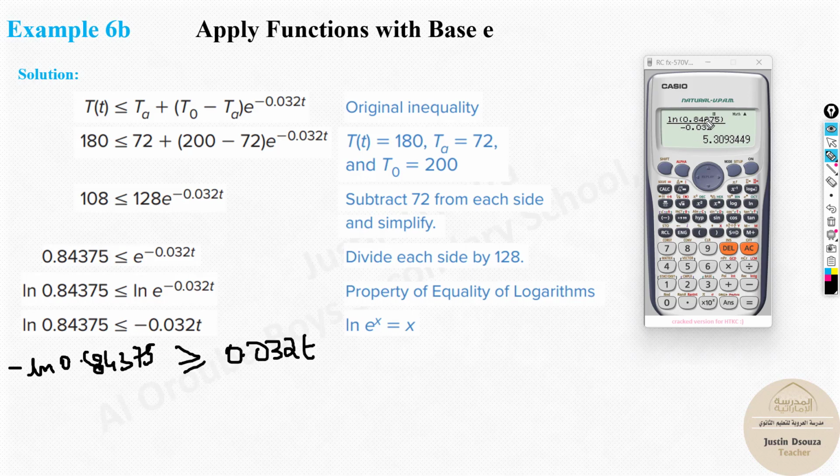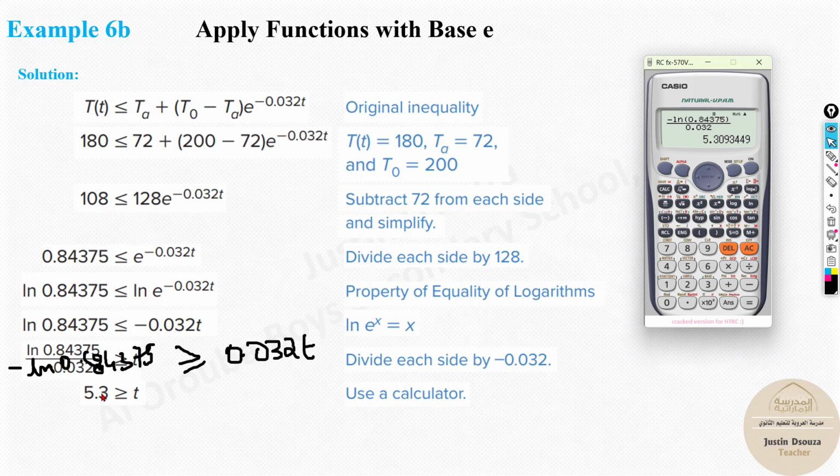Now you solve it. It becomes the same thing, just that the negative sign from down goes up. It doesn't make a difference. It's the same answer. So over here it is 5 point so on, but the answer is what? It is, see, 5.3 is greater than or equal to t.